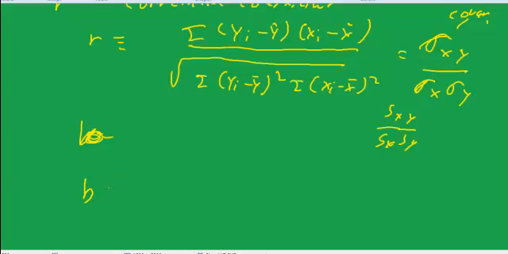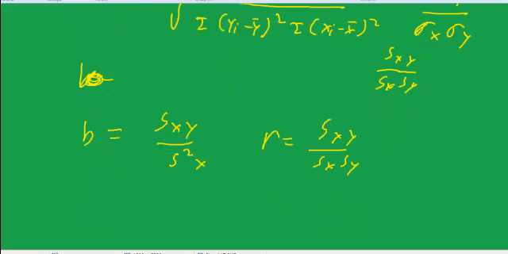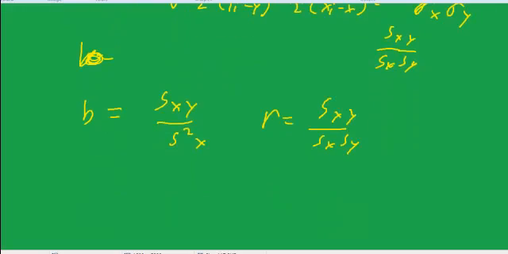Okay, so let B be equal to sxy over s squared x. R is equal to sxy over sxsy. Now we can do some algebra to solve for r in terms of b.